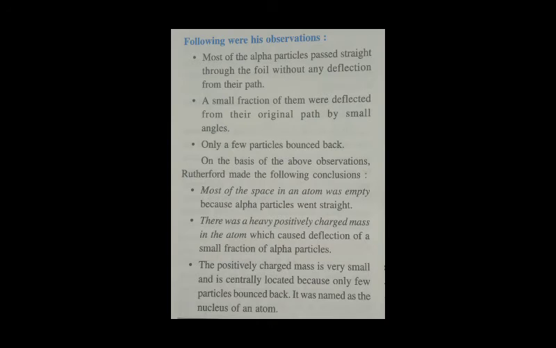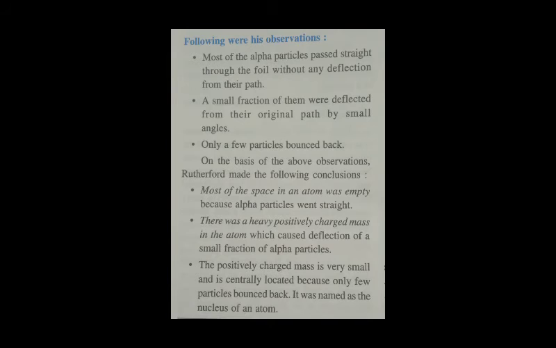Then a positively charged mass in the atom caused some of the alpha particles to be deflected due to repulsion. You must have heard that like charges repel each other and unlike charges attract each other. Now alpha particles are positively charged and they get deflected from their path, right?